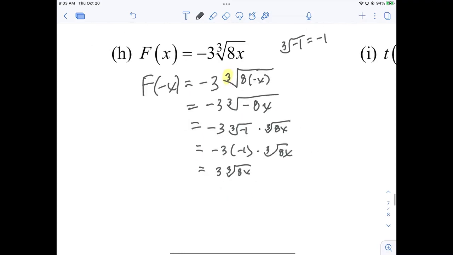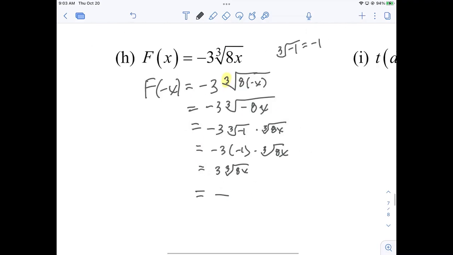And that changed the sign. This is the opposite of f of x. Therefore, f is odd. It has origin symmetry.